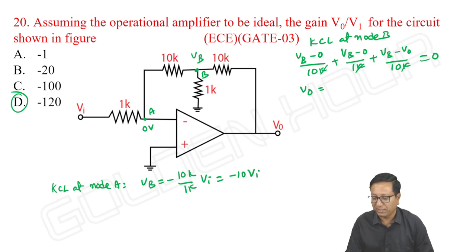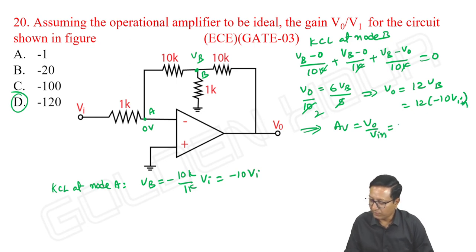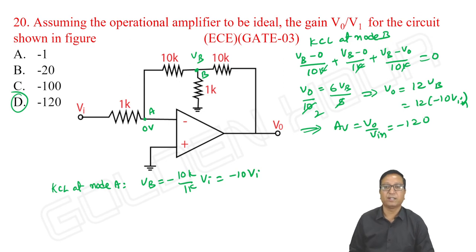VB by 5 plus VB is 6 VB by 5, and V output by 10 is equal to that, so 5 twos. This implies I can write V output is equal to 12 times VB, but VB is equal to minus 10 into VI. So what is the gain here? V output by V input is equal to minus 120.